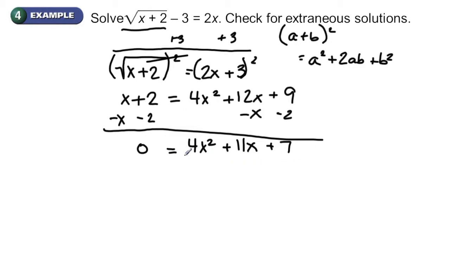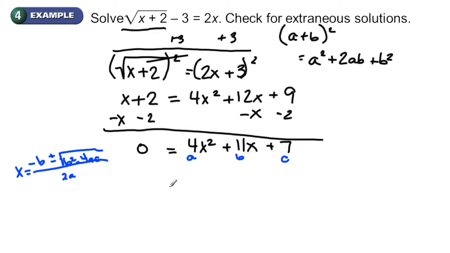Because this is already written out, I'm just going to put the a underneath the 4, b underneath the 11, and the c underneath the 7. Just a quick review: quadratic formula, negative b plus or minus square root of b squared minus 4ac all over 2a.